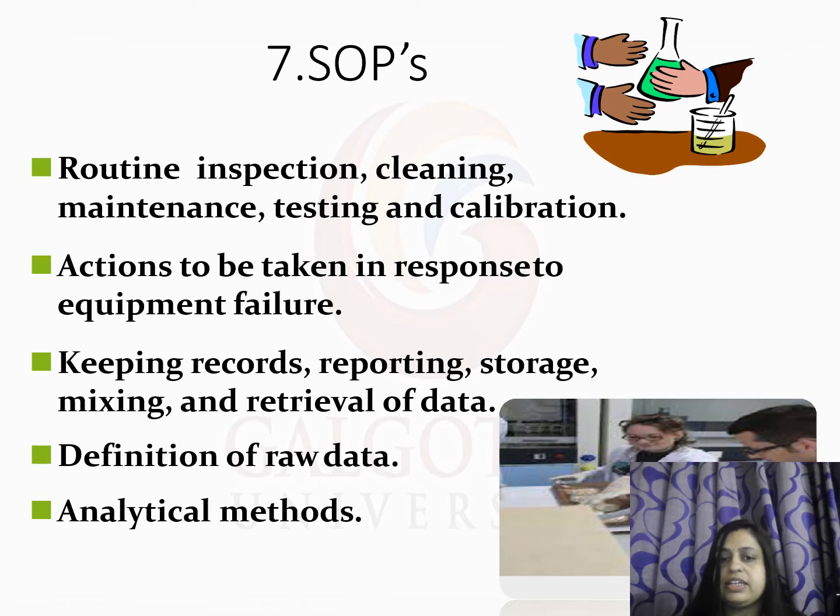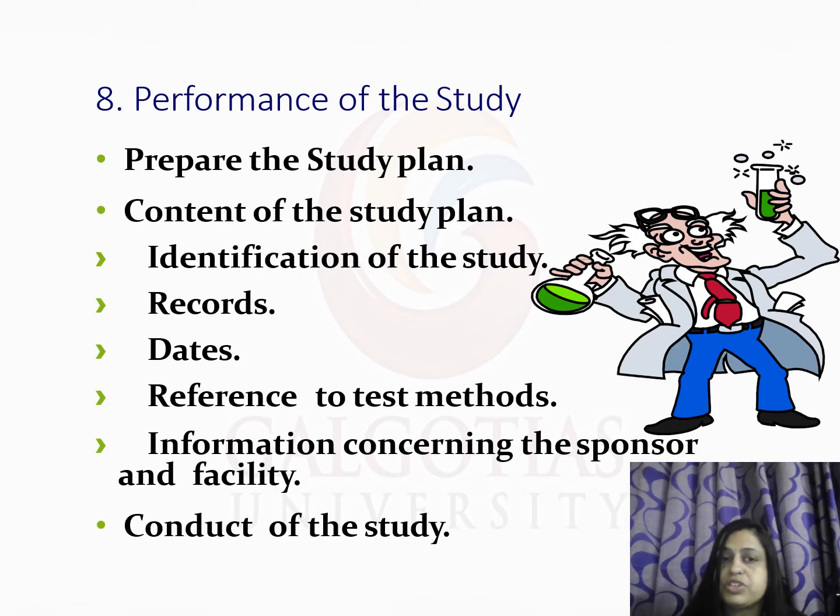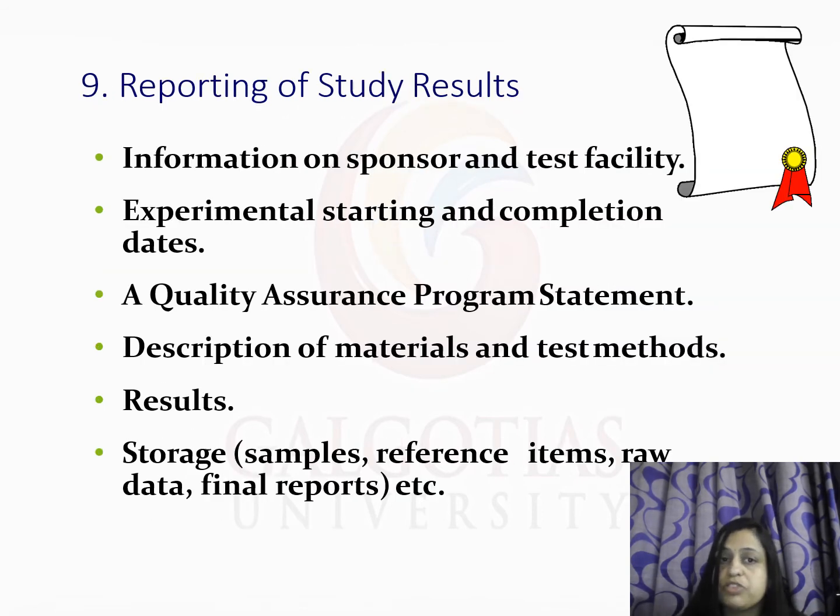Performance of the study: prepare the study plan. The content of the study plan includes identification of the study, records, dates, reference to the test method, information concerning the sponsor and facility, and conduct of the study. Reporting of the study results includes information on sponsor and test facility, experimental starting and completion dates, a quality assurance program statement, description of material and test method, results, then storage of samples, reference items, raw data and final reports.